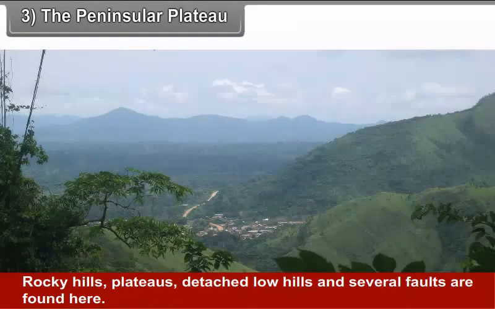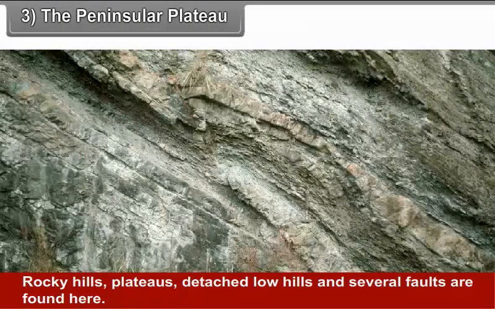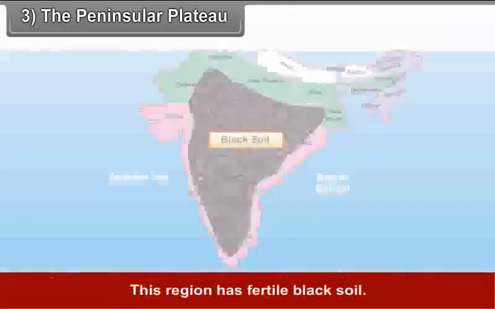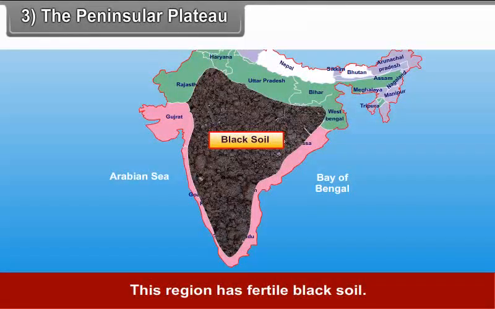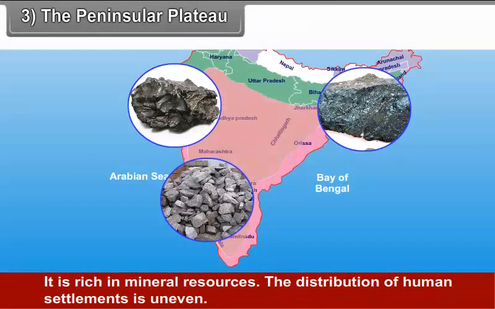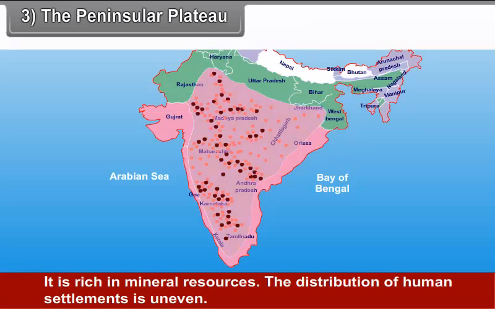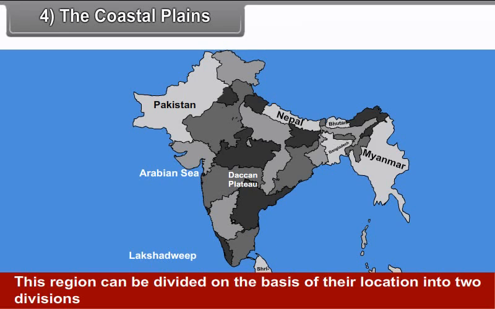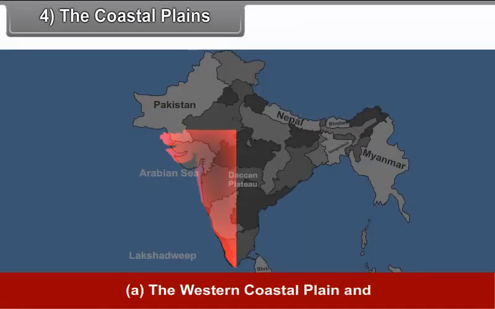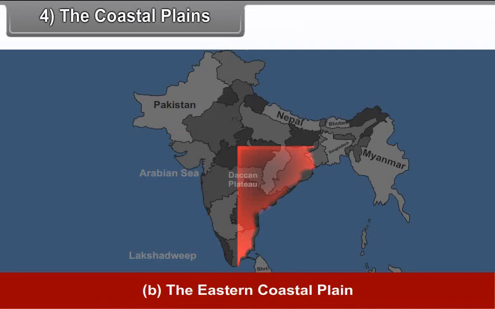The numerous landform features are associated with faulting and volcanic activities. It is characterized by horizontally layered lava. Rocky hills, plateaus, detached low hills, and several falls are found here. This region has fertile black soil. It is rich in mineral resources. The distribution of human settlements is uneven.